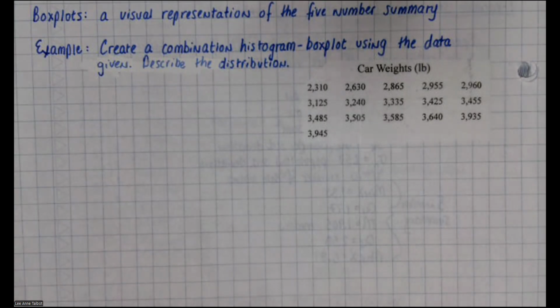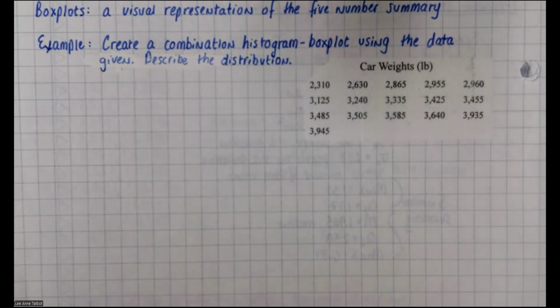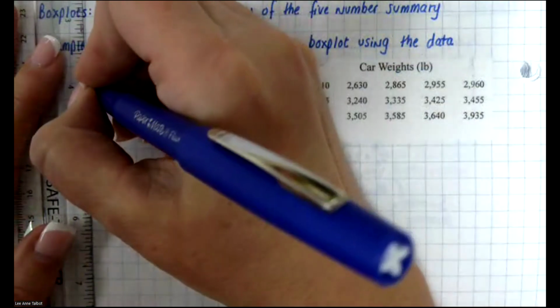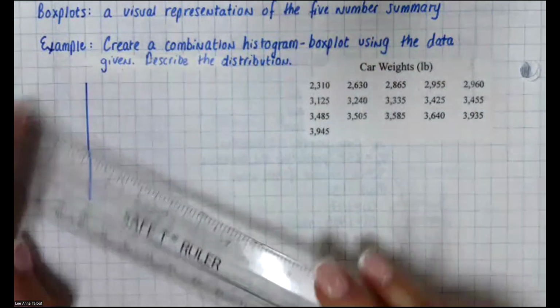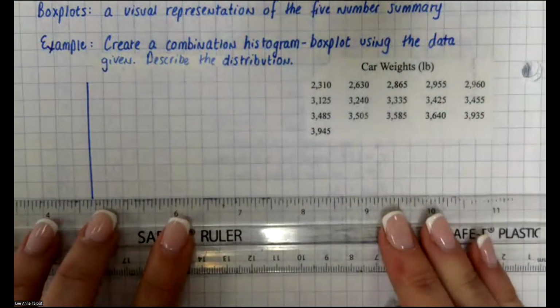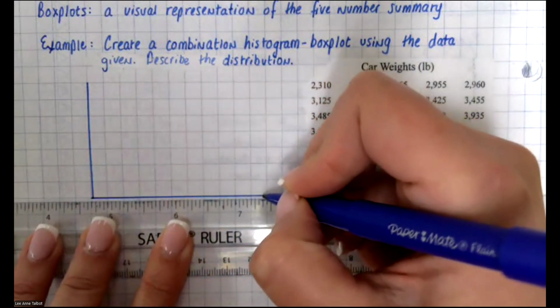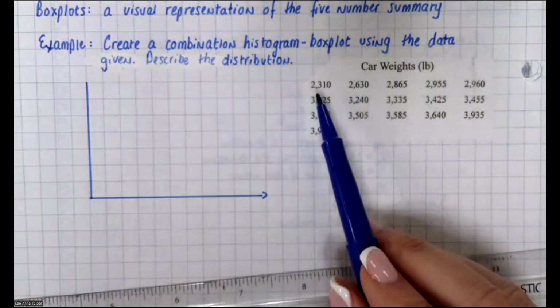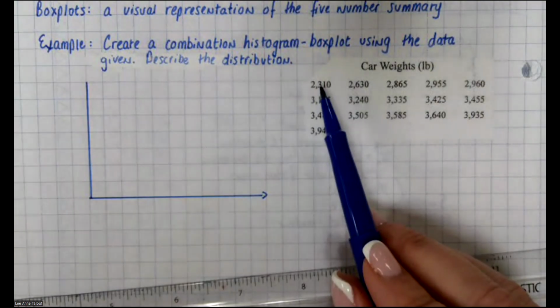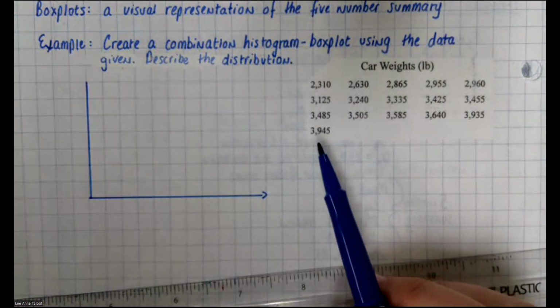All right. The first thing that's actually probably the hardest thing is to figure out your scale. And I'm going to sort of wing the y-axis. I know that needs to be frequency. And my x-axis, I noticed that it starts at 2,300-ish and it goes to almost 4,000-ish.